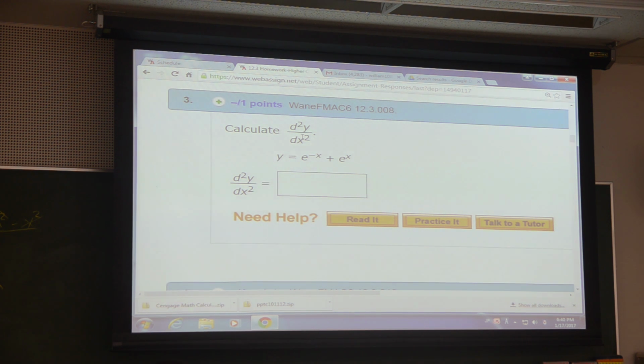Now, okay. So this one, how do we do this? What's the first rule we're going to need here? The first rule is not the chain rule.